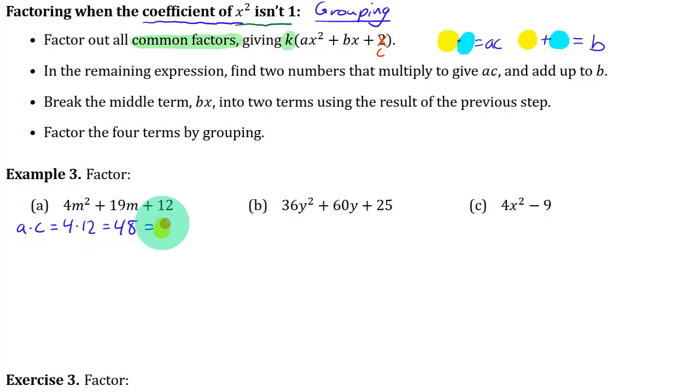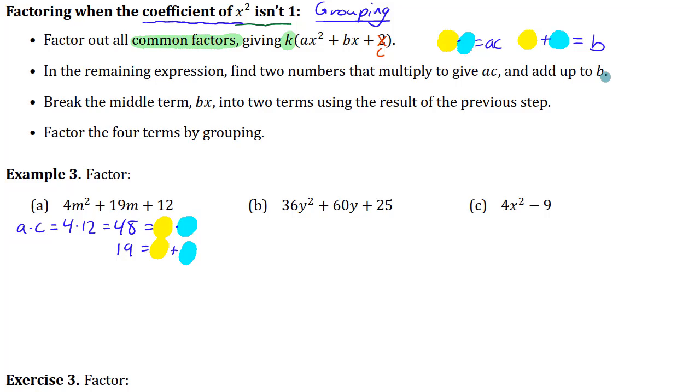So we want two numbers that multiply together to get 48, and then they need to add up to 19, the b. That's what this second step is. So we've got to figure this out.